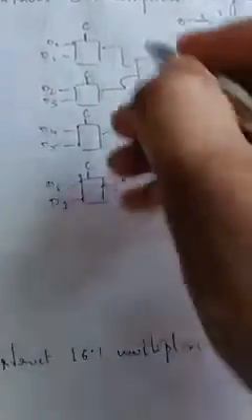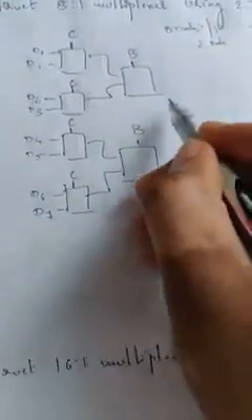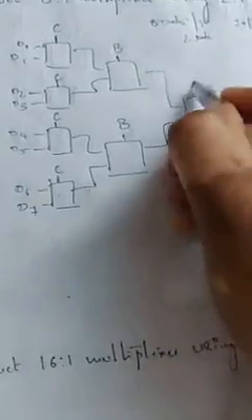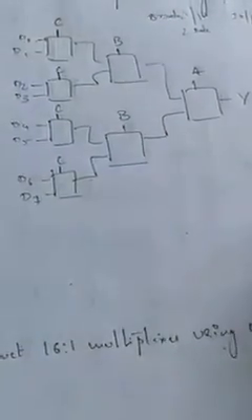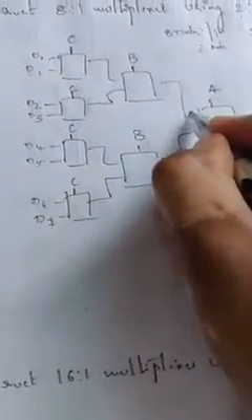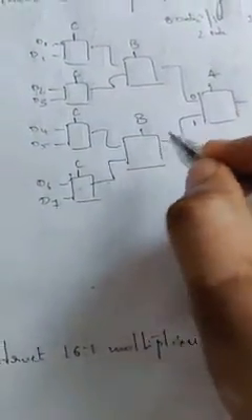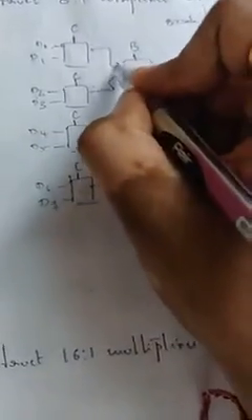I will name it as B. I will combine these two. I will name it as A. This is the output. When it is 0, it will concentrate on upwards. When it is 1, it will concentrate on downwards. When B is 0, it will concentrate on the upper multiplexer. When B is 1, it will concentrate on the lower multiplexer.